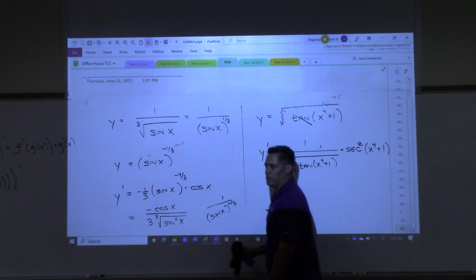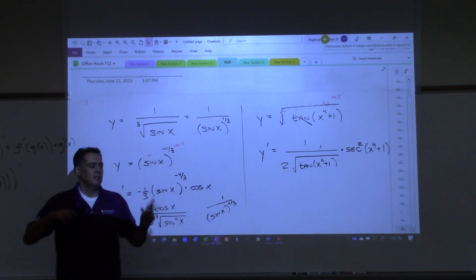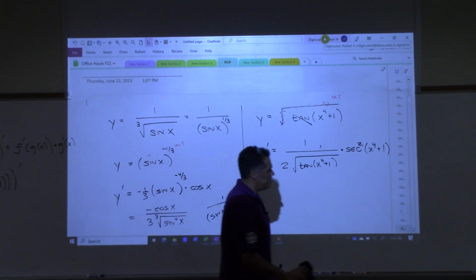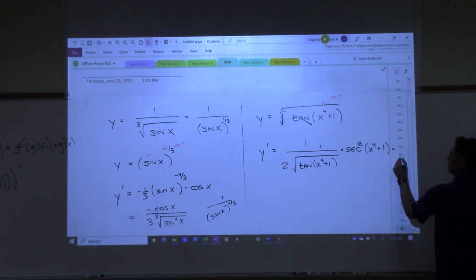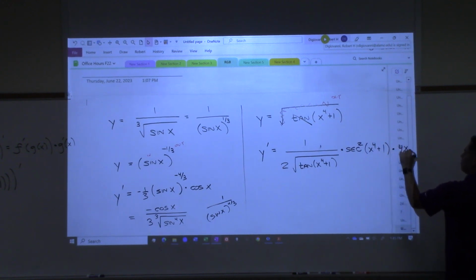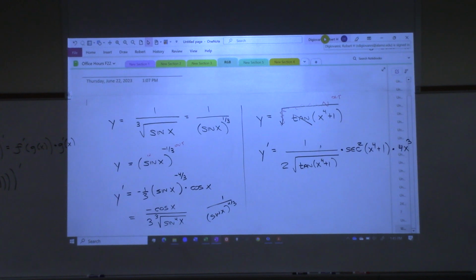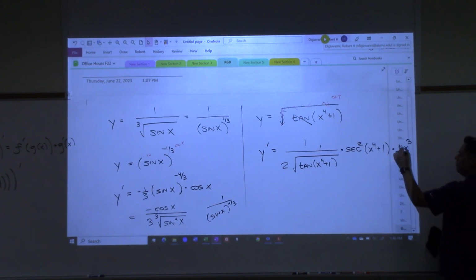Now you've done the tangent. What comes next? Times 4x cubed, the derivative of what's in there. Just 4x cubed, and that's it. There's nothing else there. There's a little bit of cleaning up that can happen.